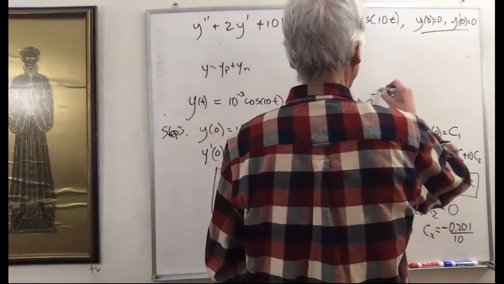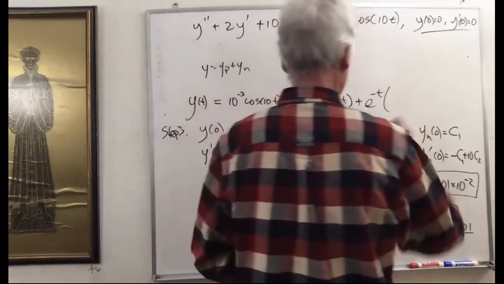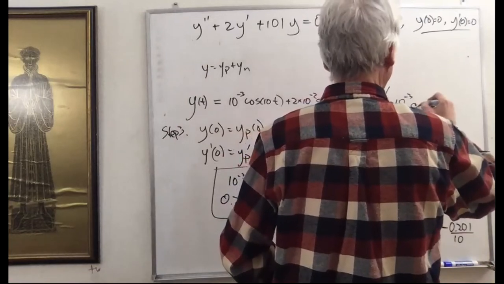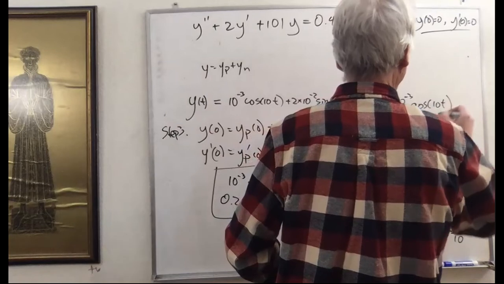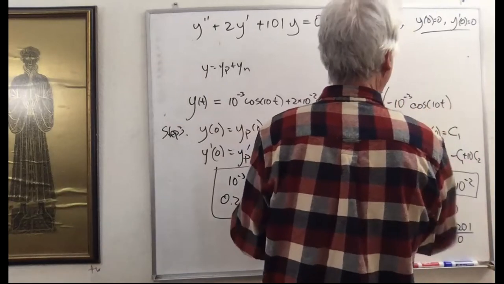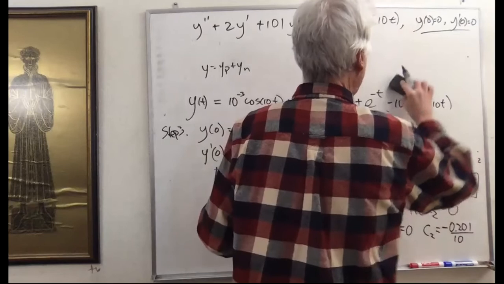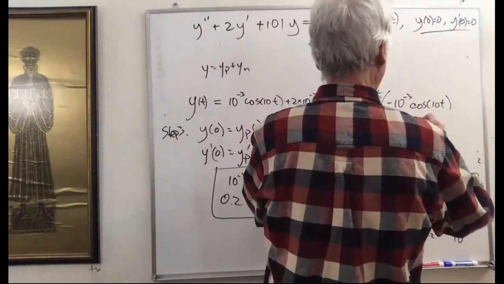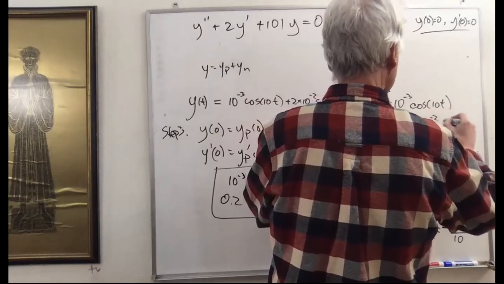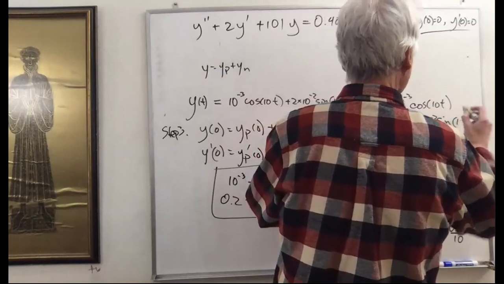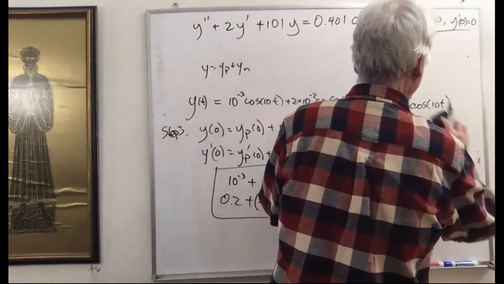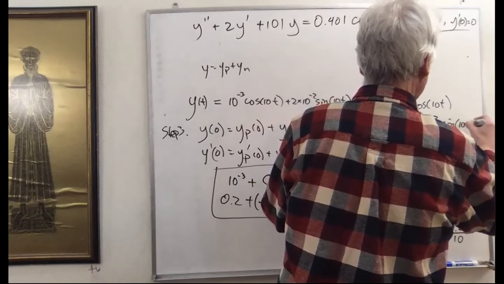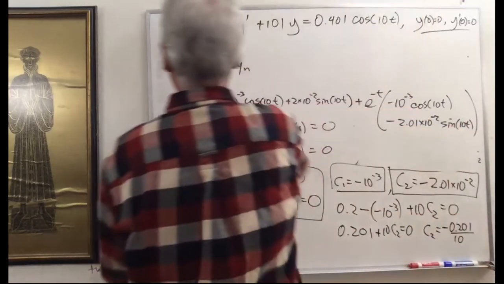So this is e to the minus t times minus 10 to the minus 3 cos 10t, and I get minus 2.01 times 10 to the minus 2 sine of 10t.